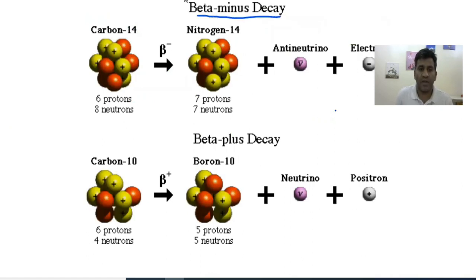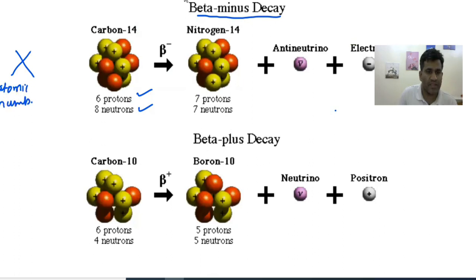Consider an example of carbon, which has 6 protons and 8 neutrons. So the number of protons and the number of neutrons together represent carbon-14, where the atomic mass of the carbon is 14. Usually we represent the element in general as X, where the downward number is written as the atomic number.